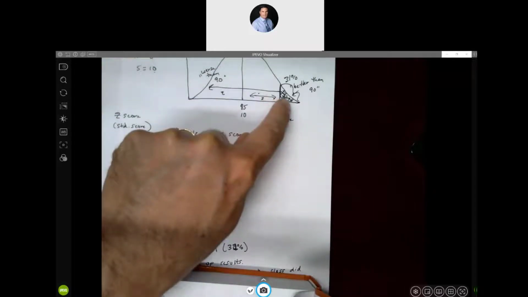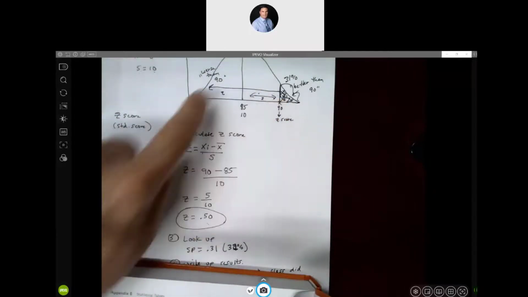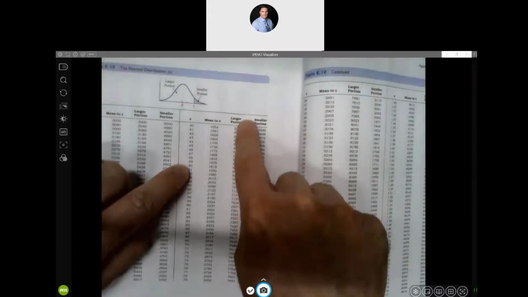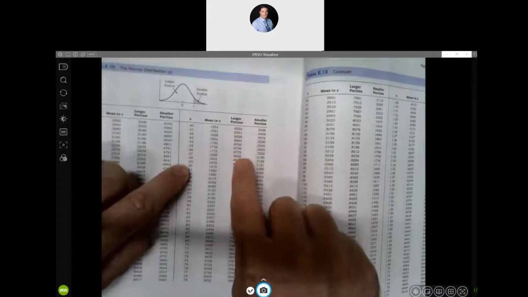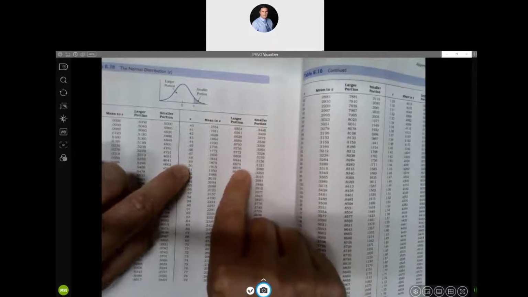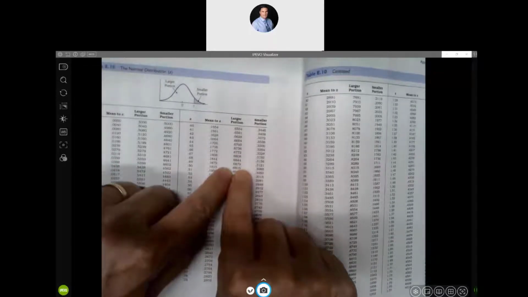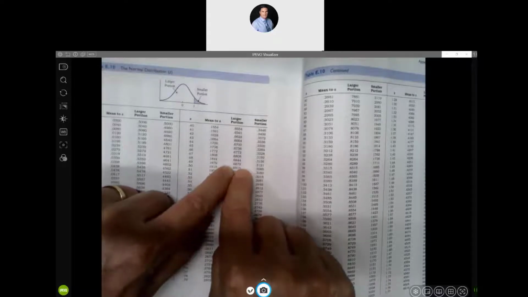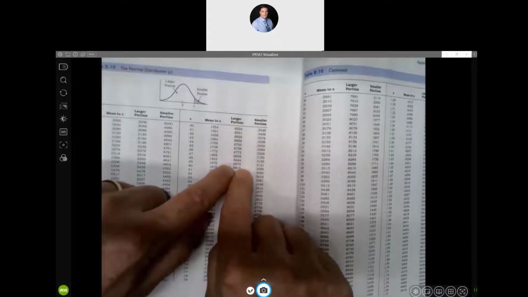If this is a small portion of the larger portion, this is the larger portion. So we're still using a z-score of 0.50. So we'll put our left hand on 0.50, but now we're going to put it on large portion. We're going to move our right hand down and move our left hand to the right, and you'll see that's 0.6915. We round it to 2 significant digits, so that's going to be 0.69.